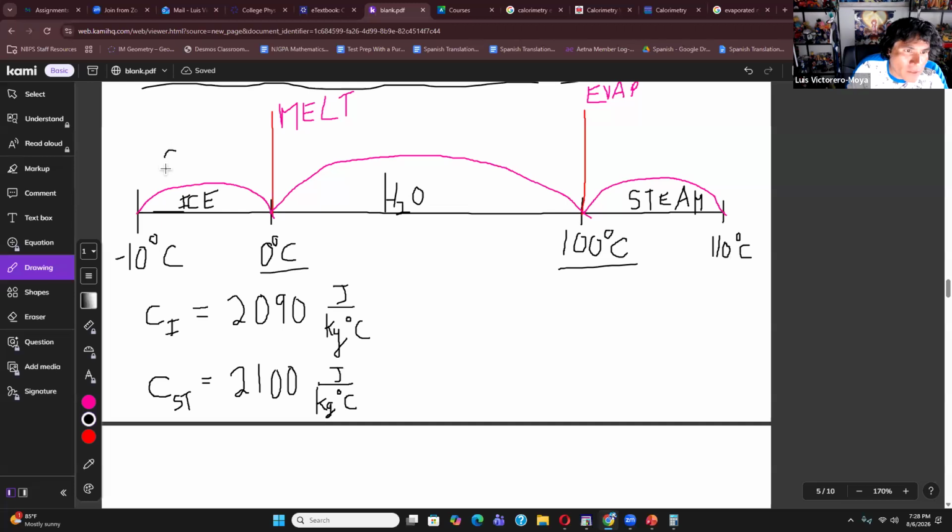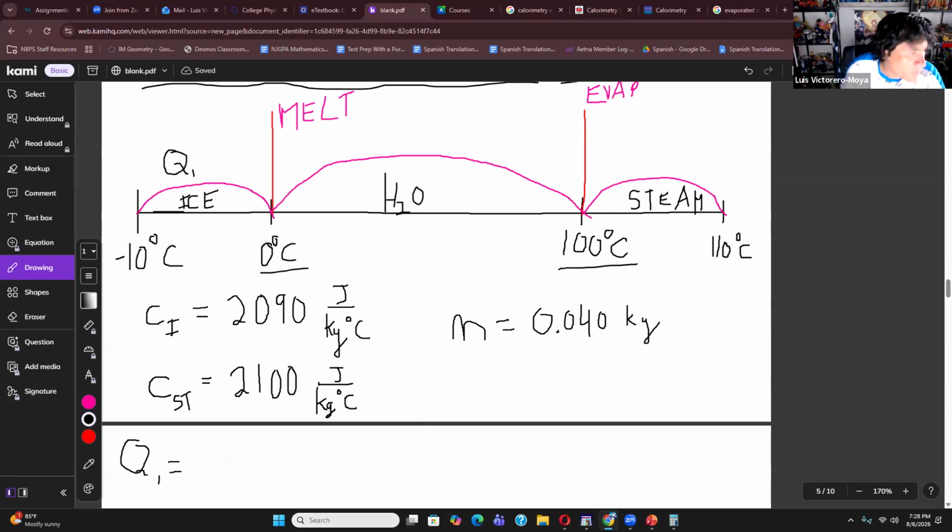Let's call that Q1. The ice is 40 grams, so you have 0.040 kilograms.